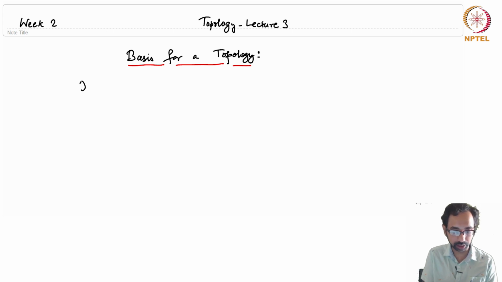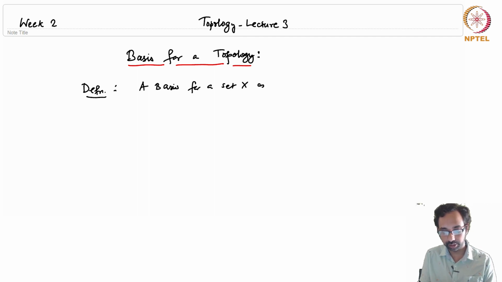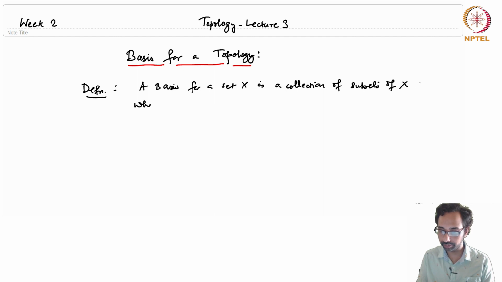So let me define a basis. A basis for a set X is a collection of subsets of X, let me call it B, which satisfies the following conditions.